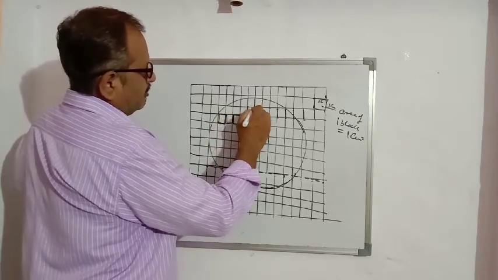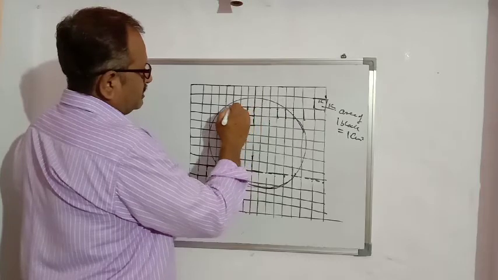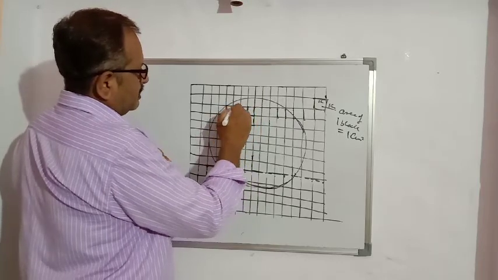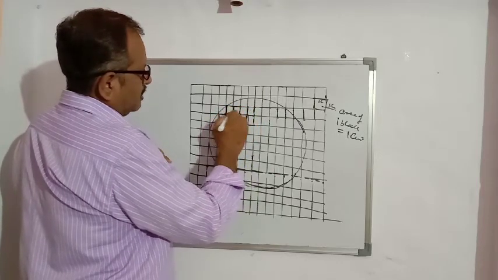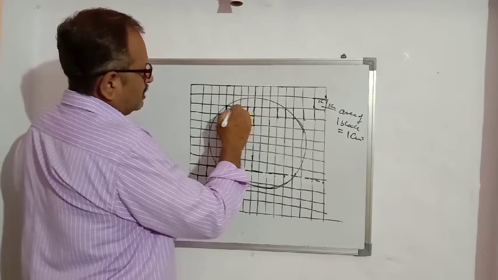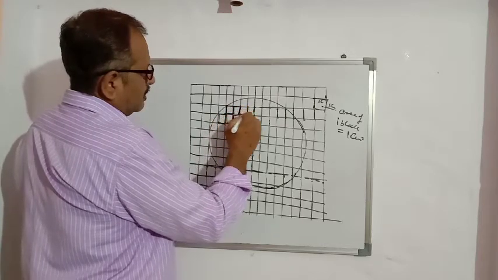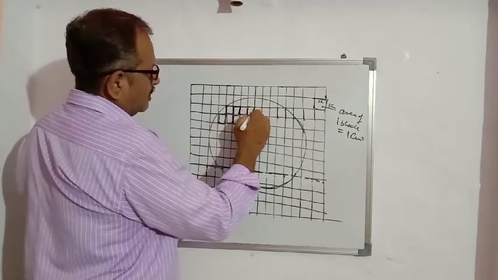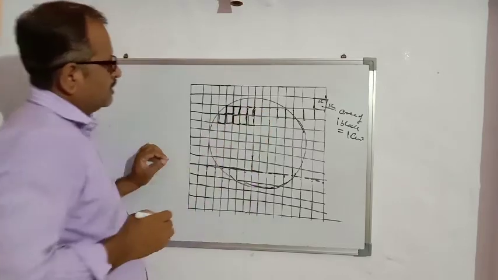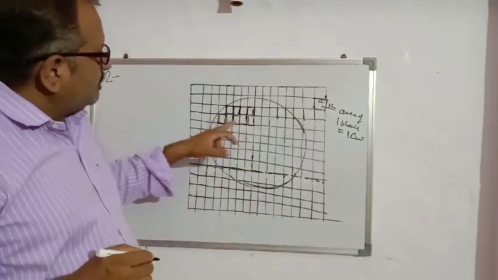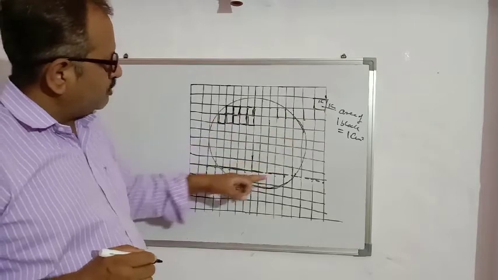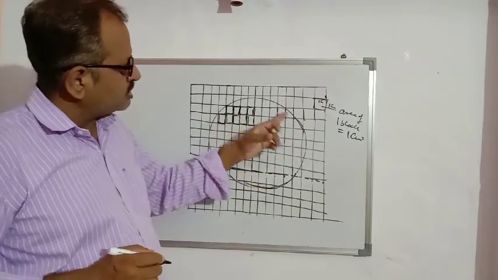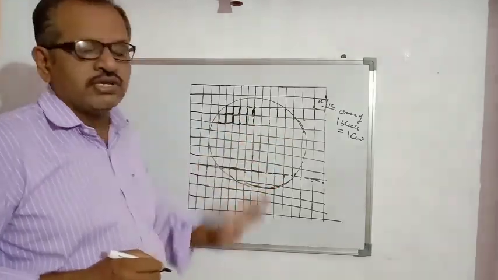This one above is a complete square. Here, a complete square. So in this way you have to count all the complete squares lying in this circular region.